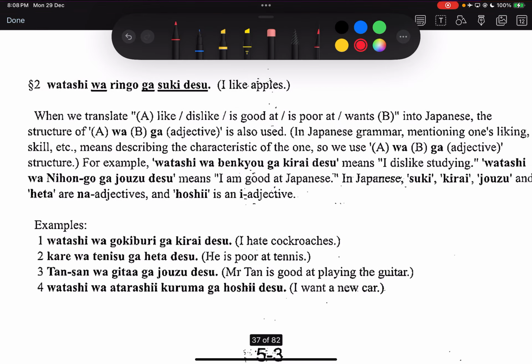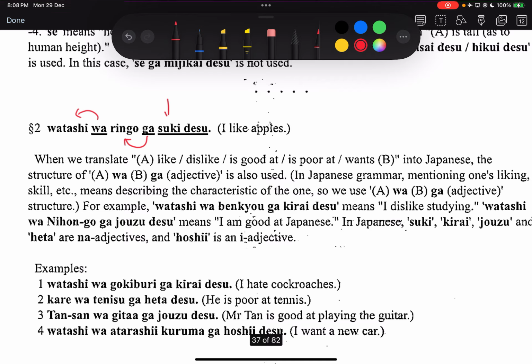Okay, number 2. 私はリンゴが好きです。So just now the wa was saying that watashi is the subject, right? Then now ga is talking about the object, which is ringo, right? Same thing. We still keep this understanding from the first one. What is new here is basically suki desu, right?